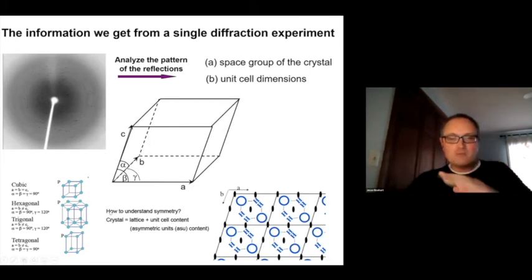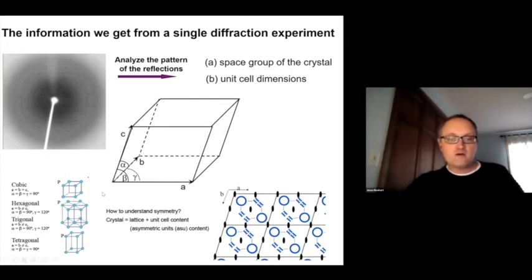And this is the point where I'm going to blow past a ton of detailed information in mathematics. But because we know that crystals form a predictable regular pattern, and we have a good sense of what those patterns are. Here's an example of how a water molecule might line up in a unit cell. There's two water molecules facing each other, and this is the way they're going to look throughout the entire crystal.